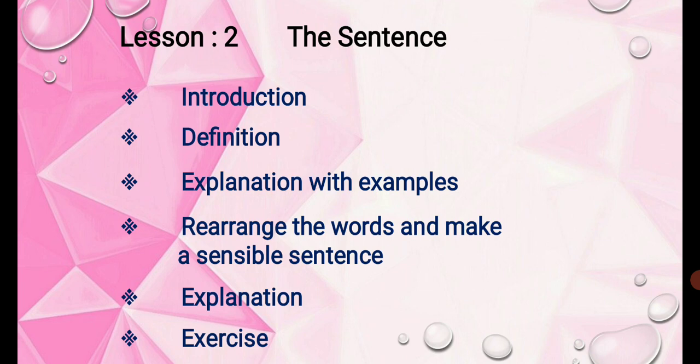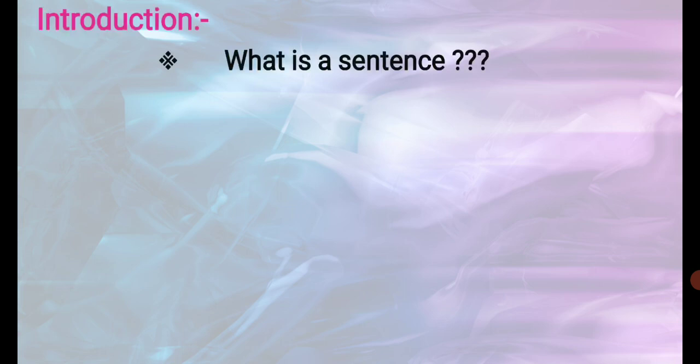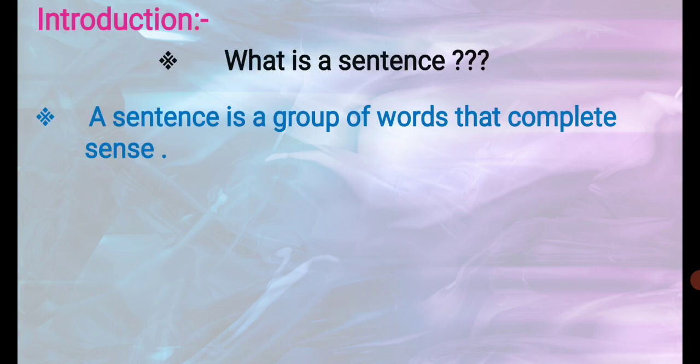So let's start. Do you know what a sentence is? Let's see. A sentence is a group of words that completes a sense. It means that we already know there are many groups of words in a sentence, right?